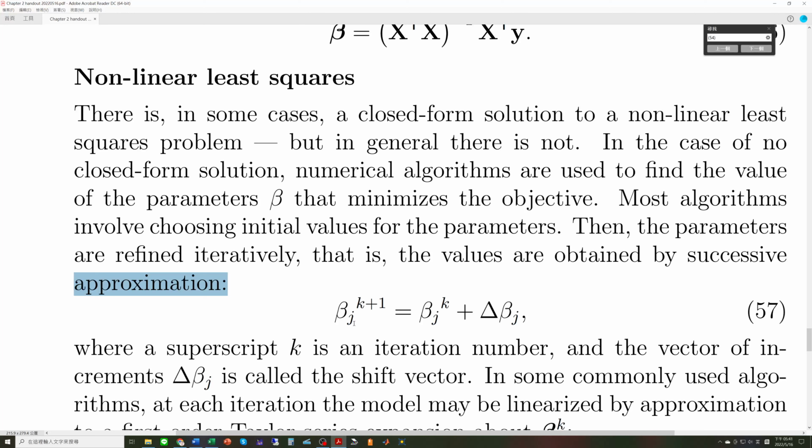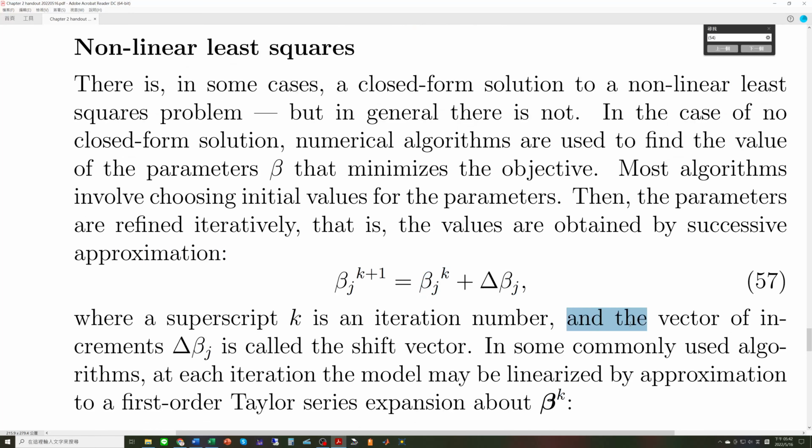So beta j k plus 1 is the jth parameter in the k plus 1th iteration, and beta j k is the jth parameter in the kth iteration, and the vector of increments delta beta j is called the shift vector. This term.